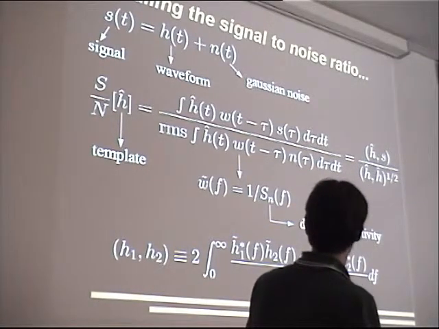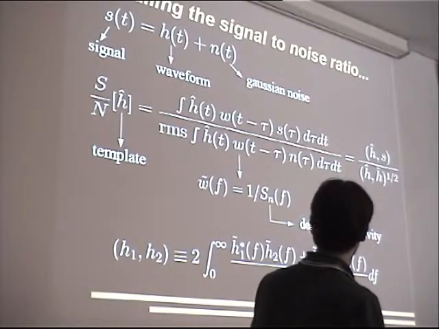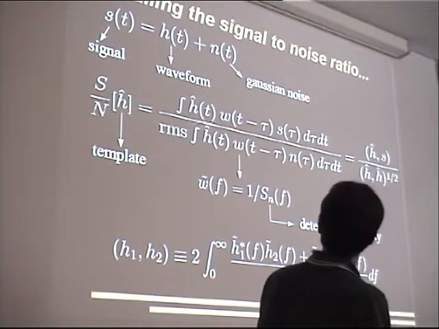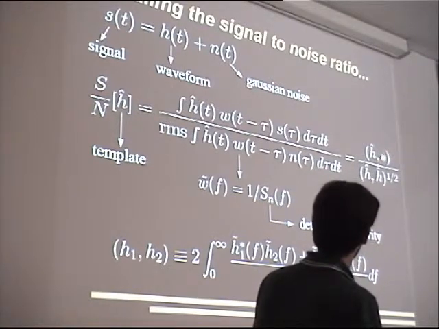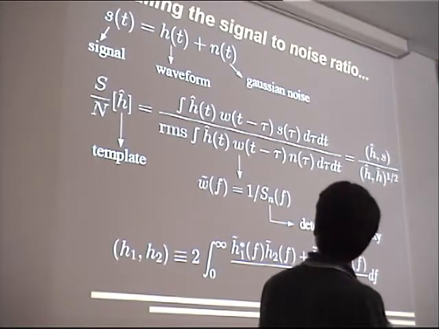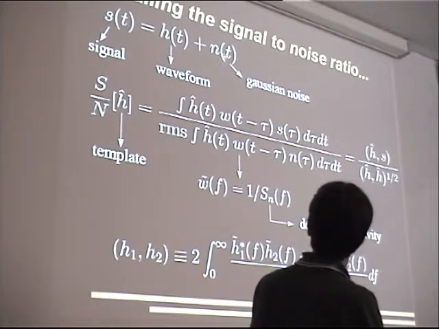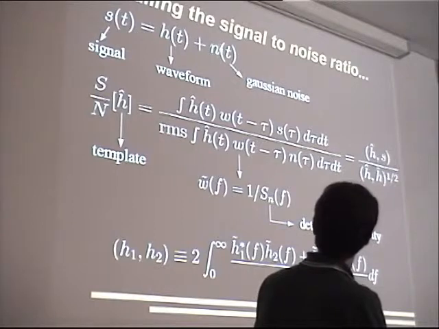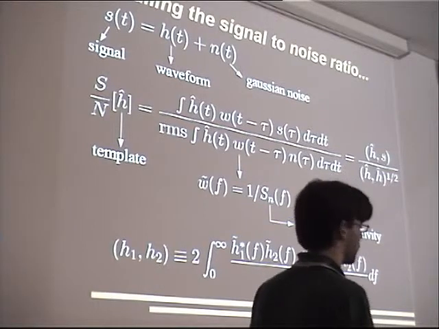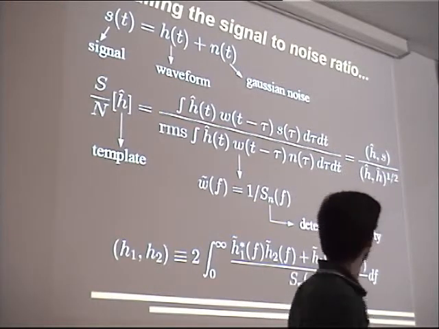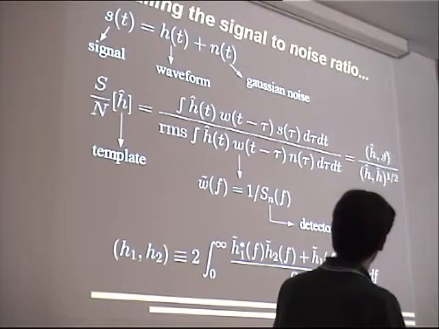It's an internal product weighted with the detector sensitivity Sn. And so you have that the signal-to-noise ratio is the internal product of the template with the signal divided by the norm of the template itself. In particular, you can replace S using this formula, and in practice you can neglect the noise, because when you take sufficiently long times, you can put h here instead of S.